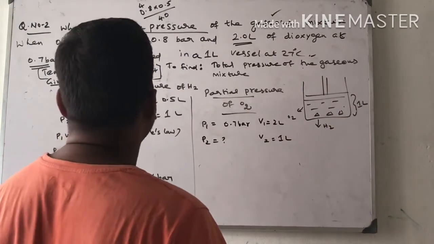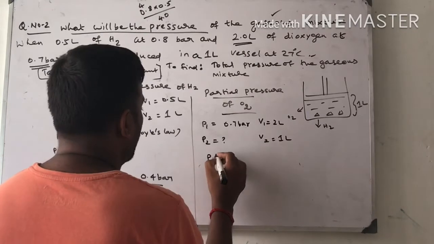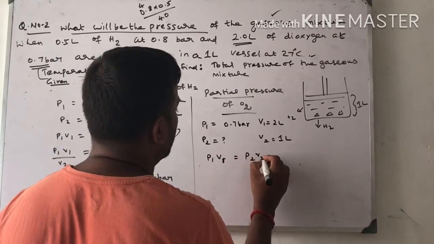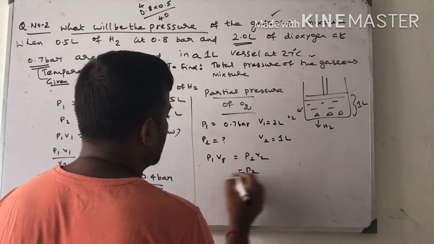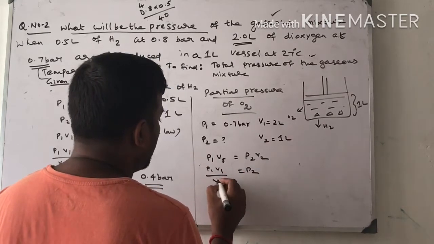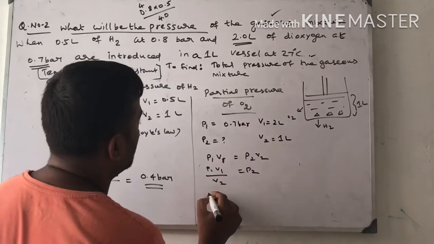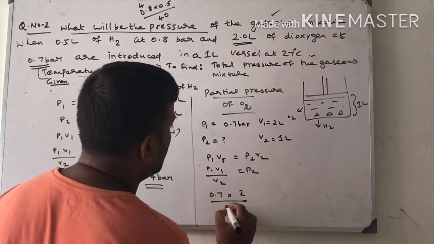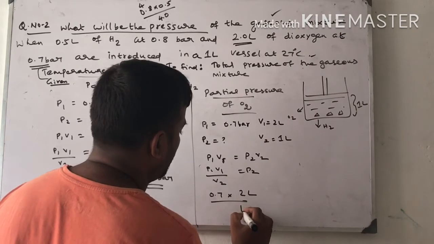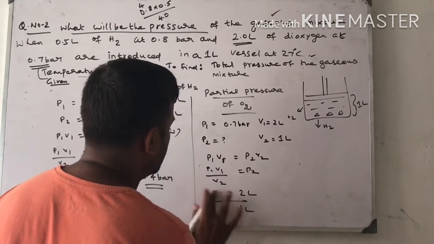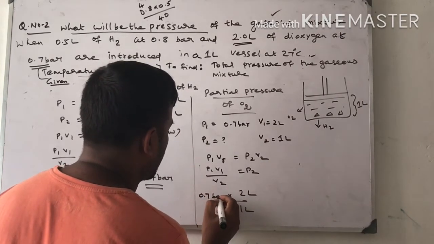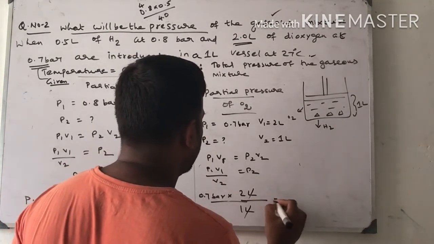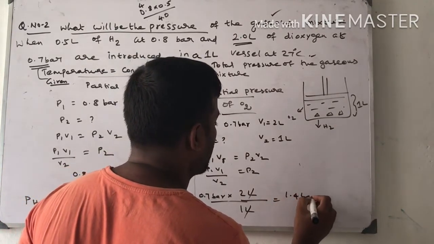P1 V1 is equal to P2 V2. P2 is equal to P1 V1 by V2, substituting the values, 0.7 into 2 liter divided by 1 liter. Liter cancels, and it is equal to 1.4 bar.